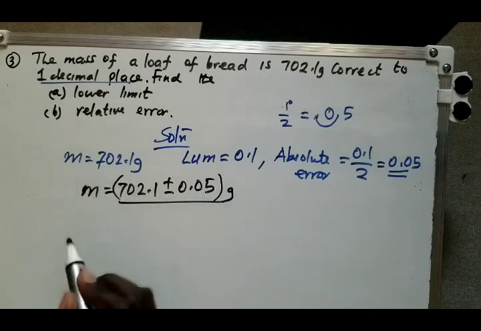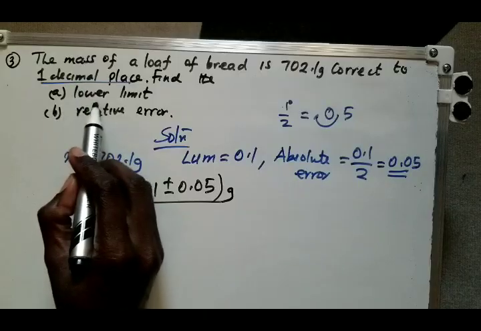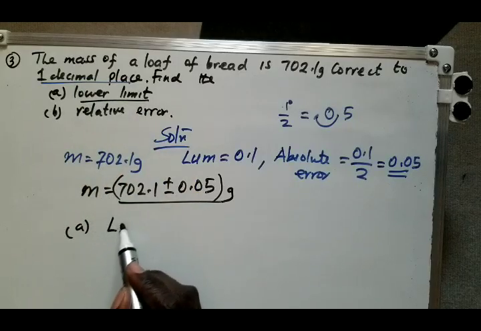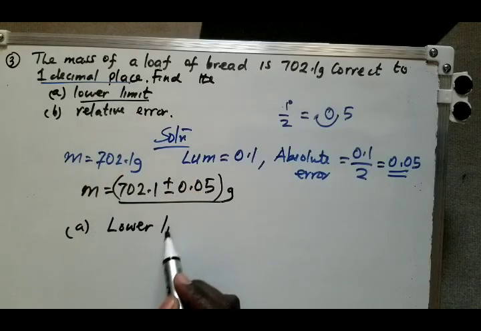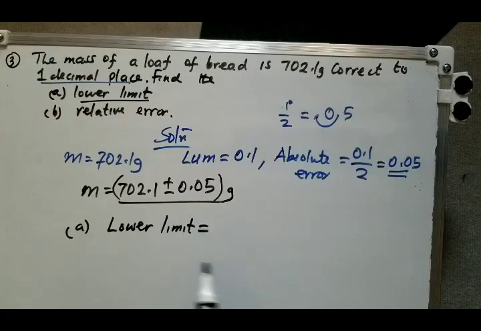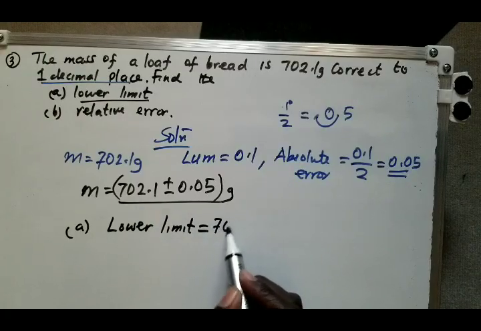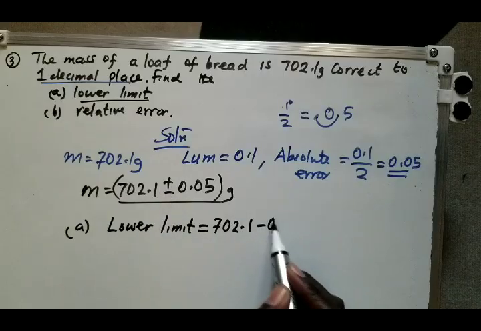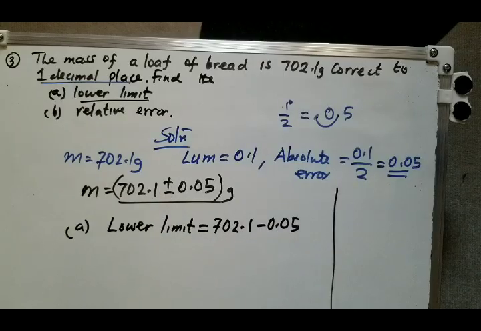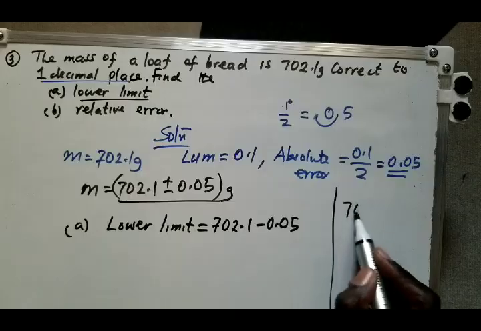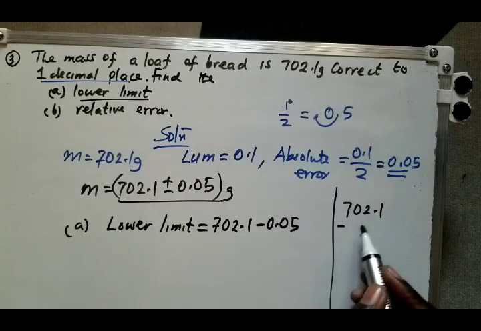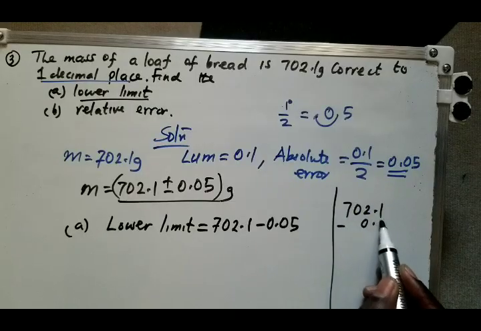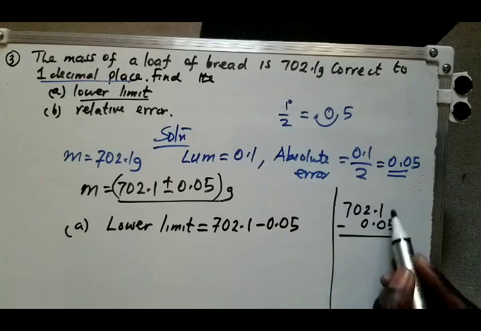That's what we did. So now the first question says find the lower limit. So the lower limit or the lower bound will be equal to 702.1, the lower bound you subtract 0.05. So let's try to do it from here. 702.1 minus 0.05, that's what we mean here.